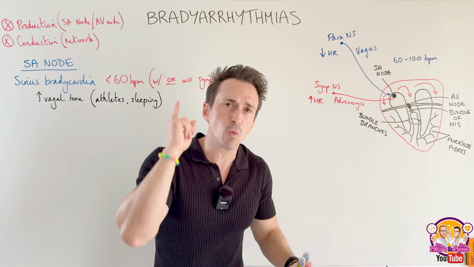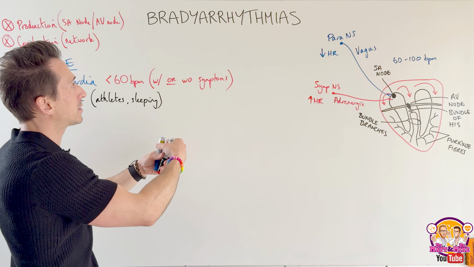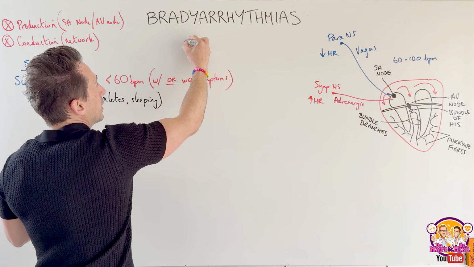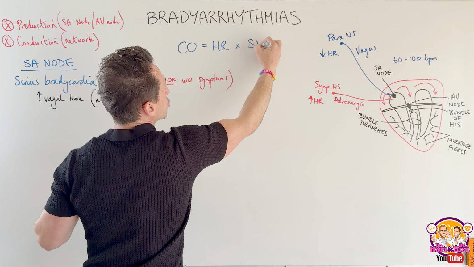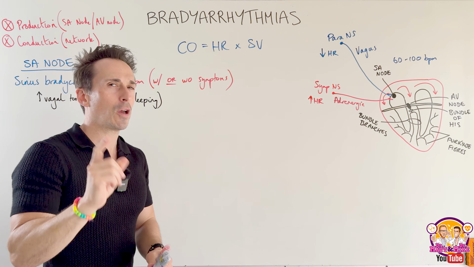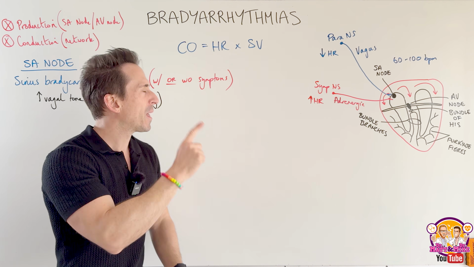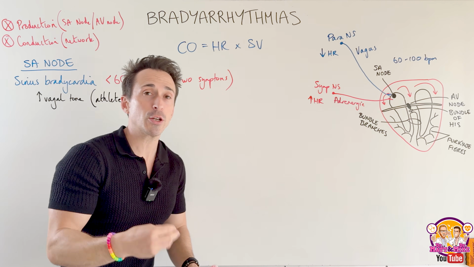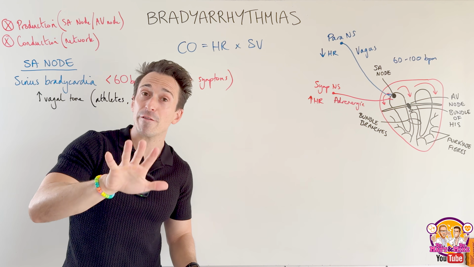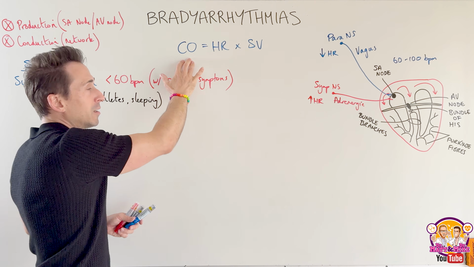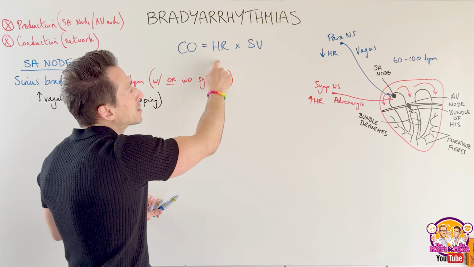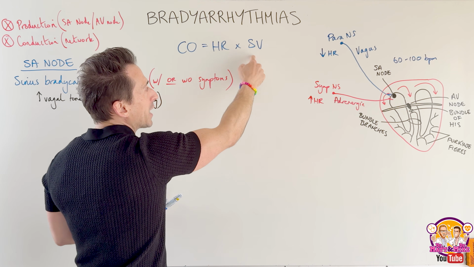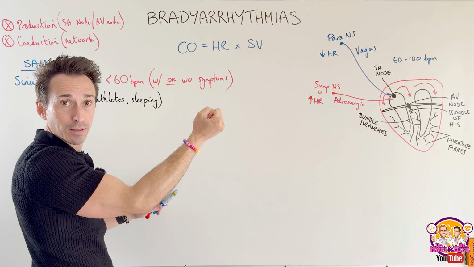And this is the reason why, because of this beautiful equation. Cardiac output equals heart rate times stroke volume. If you're watching this video, you know this equation. Right? Cardiac output is the amount of blood your heart pumps out every minute. It's around about 5 liters. We calculate it by multiplying how many times our heart beats in a minute by how much blood we eject with every beat, right?